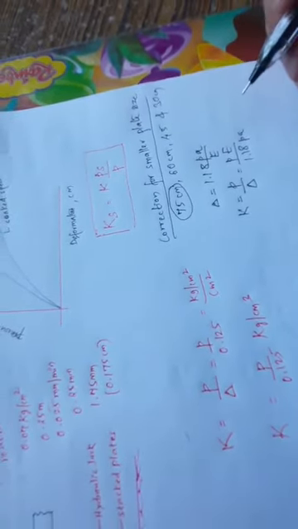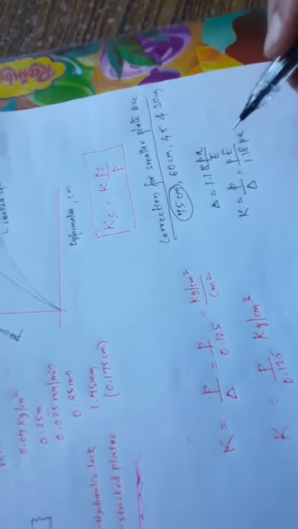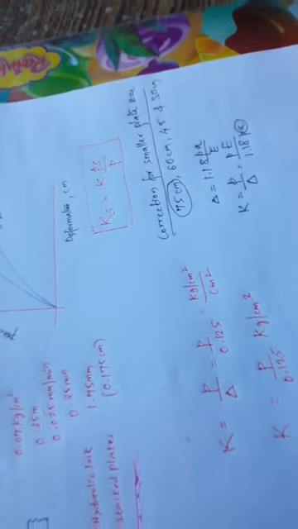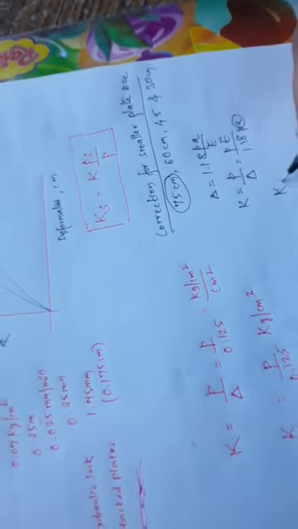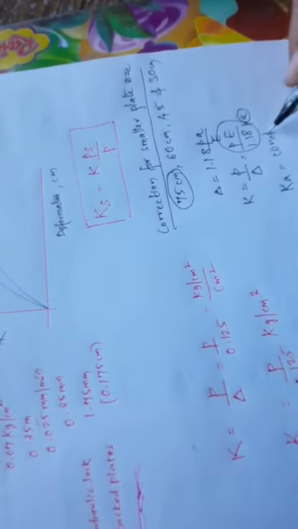So here, if the value of the elastic modulus is taken as constant, then K is inversely proportional to a, so therefore the K times a is a constant. I will take the whole remaining term as a constant.